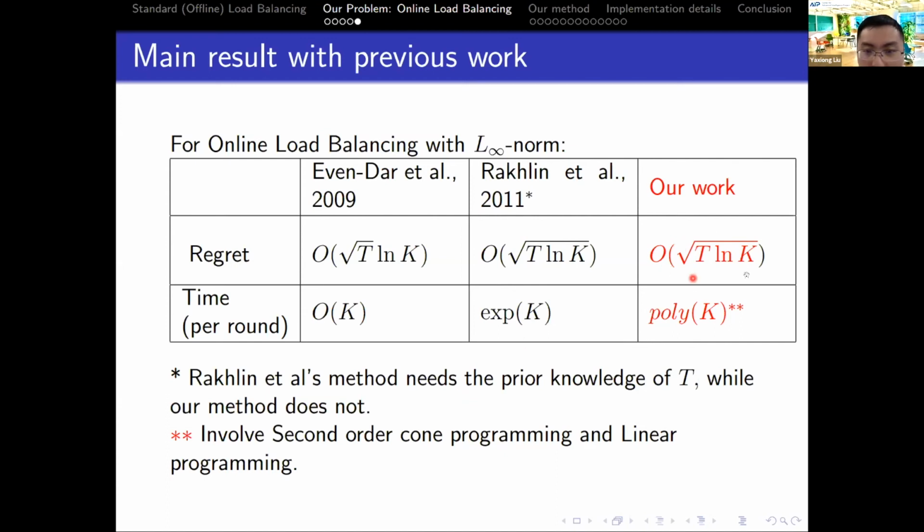Our regret is the best one, and the running time is polynomial in K, as we use second-order cone programming and linear programming efficient algorithms in our algorithm per each trial. These two algorithms we will discuss later.